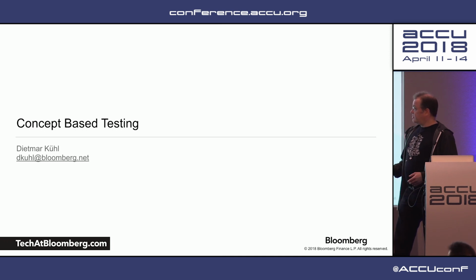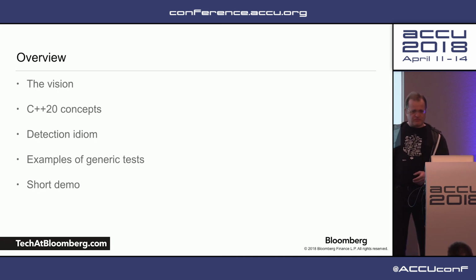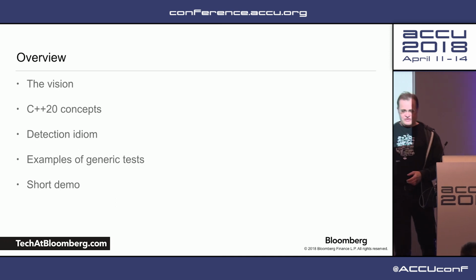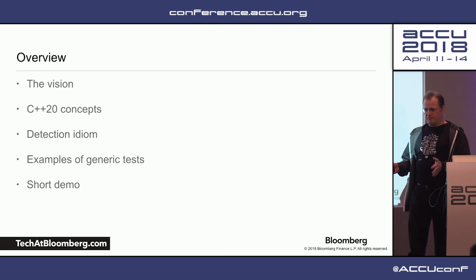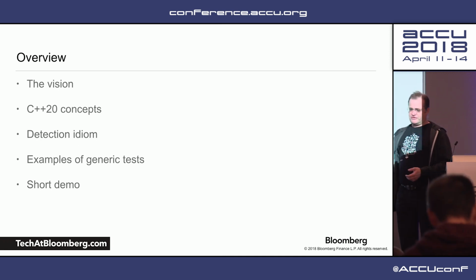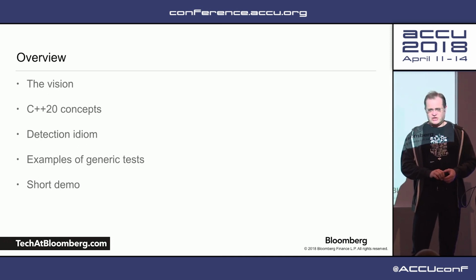So my plan is, first off, I will give a slight vision of where I want to go towards the end of the talk. And then I do an entire detour talking about concepts as they come in C++20, followed by how to do something similar to concepts, as much as it's needed for the testing I'm envisioning, using the detection idiom.